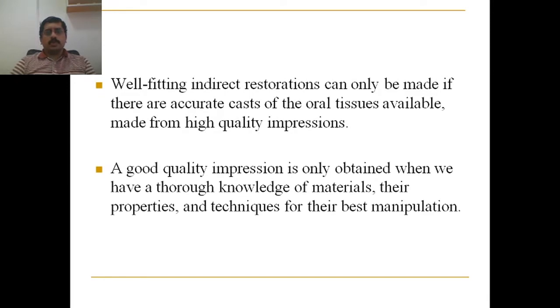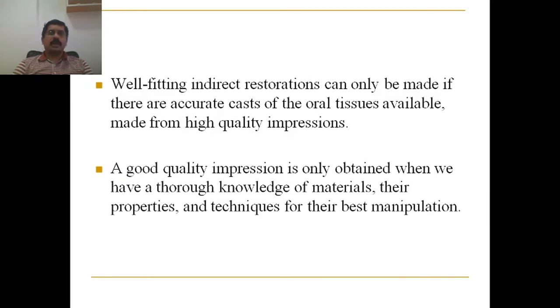What do we have to do to make a good restoration? How do we go about an FPD? As usual, we'll start with the tooth preparation, take the impression, send the impression to the lab, and the restoration is made in the lab, right?